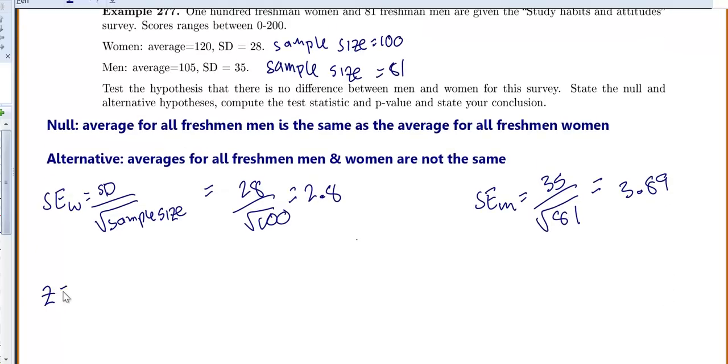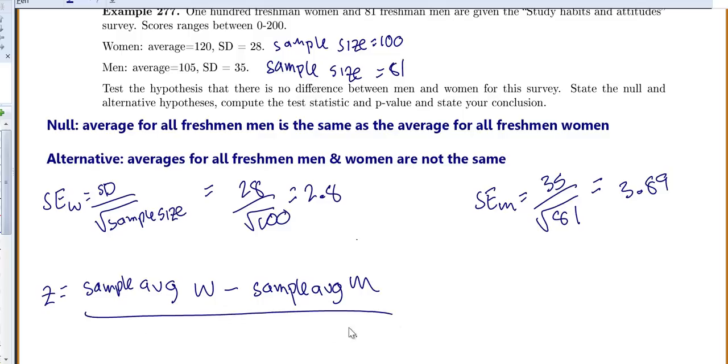Now Z is equal to our sample average for women minus the sample average for men over the square root, and we're going to square each of their standard errors and add them together.